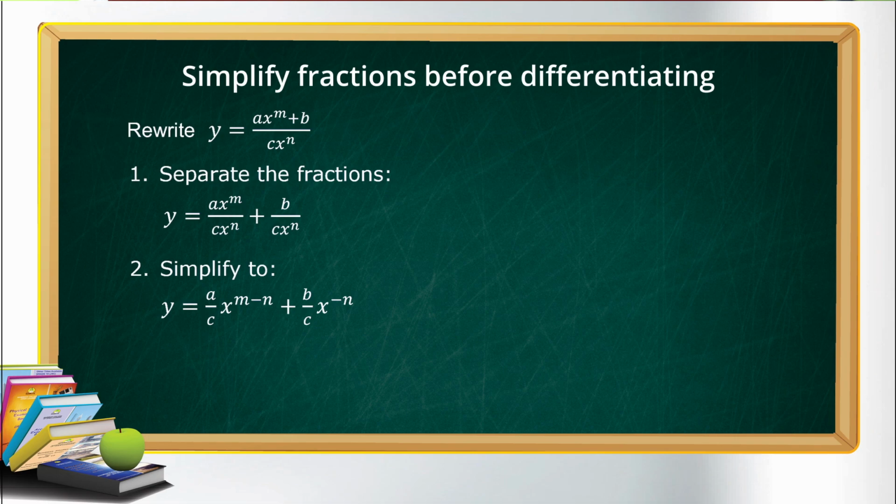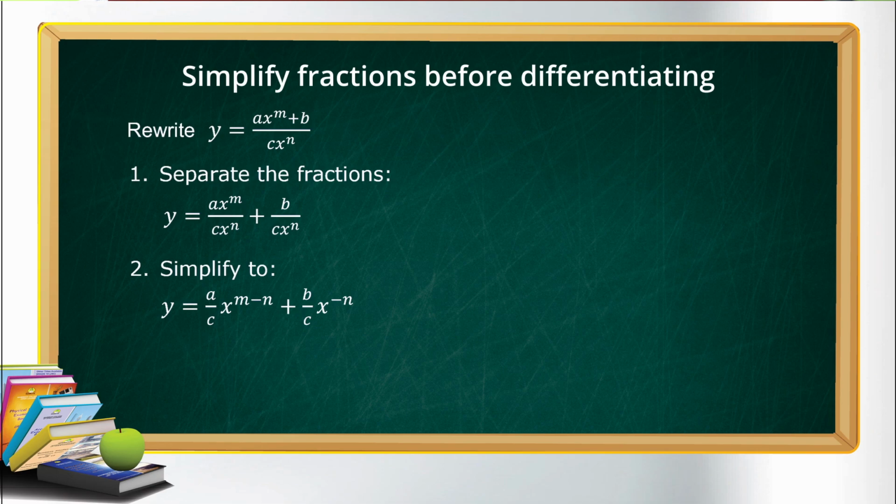From here we start differentiating the two separate fractions, y equals a over c x to the power of m minus n and b over c x to the power of negative n, in the usual way, by multiplying the terms by the exponents m minus n and negative n, and then deducting 1 from the exponents.